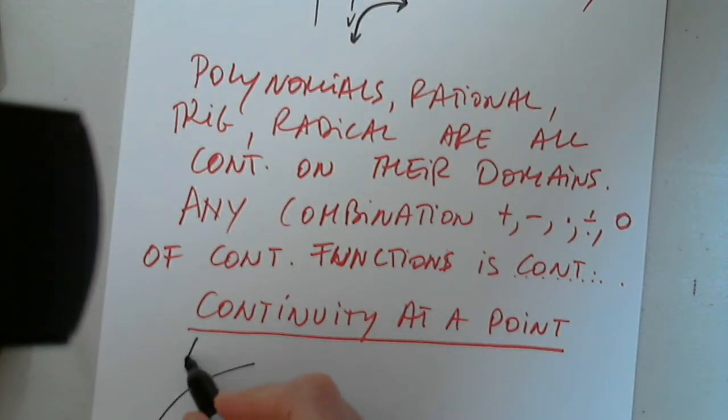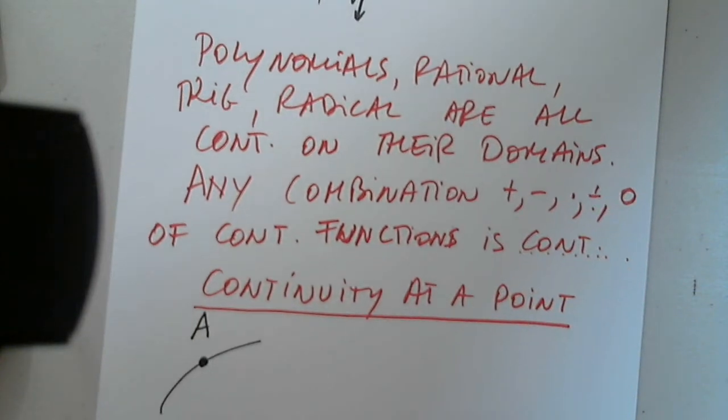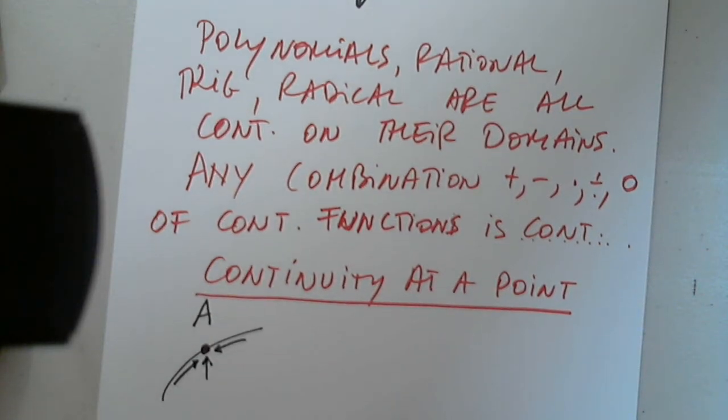I'm talking about point A. Is this function continuous at point A? Yes. Three things have to happen. The limit from the left, the limit from the right, and the function value at that point all have to exist and be equal to each other.